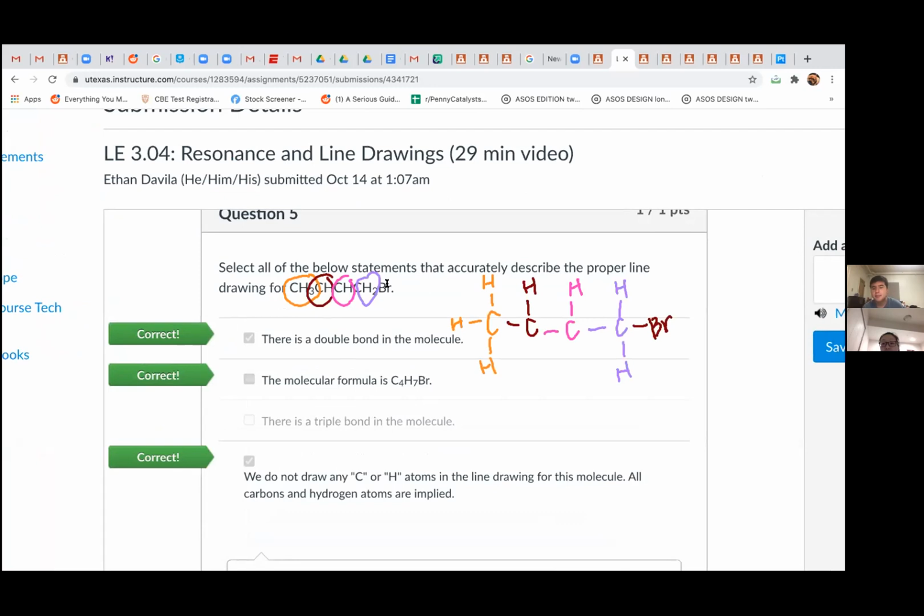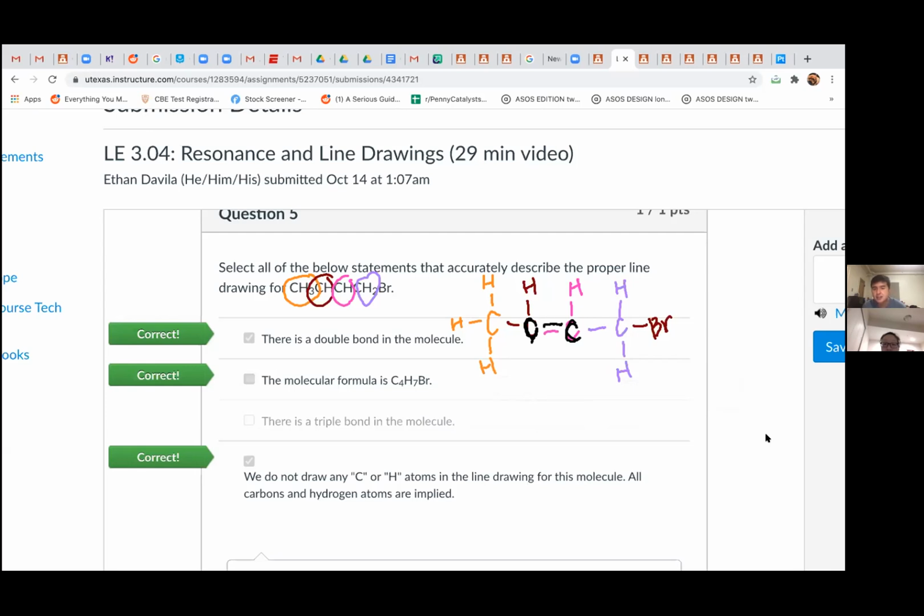But here's the problem. Every carbon likes to have how many bonds? 4. 4. But look at this carbon. How many bonds does it have? 3. And same thing with this one, right? Yeah. So how are we going to make up for the lack of that one bond?